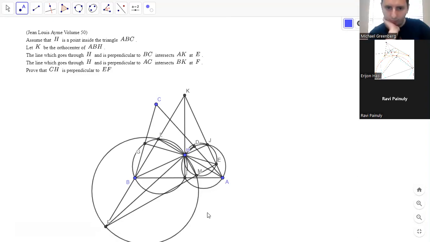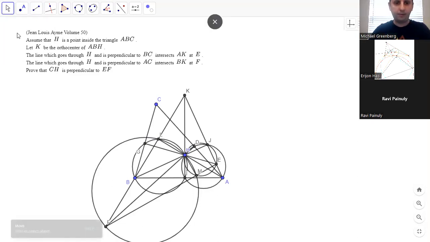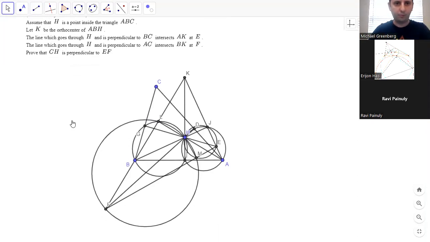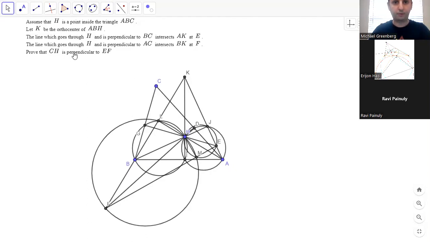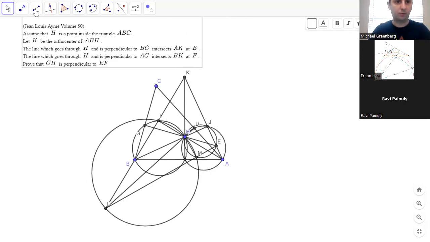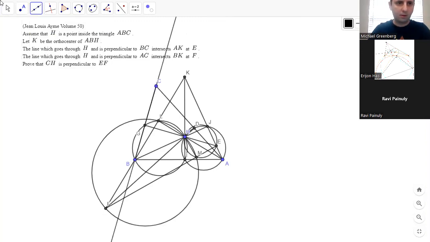Let me try something different. If we let BC intersect that circle in 2 points, I wonder if there's something special about those points. So there's this point, and then there's this point.